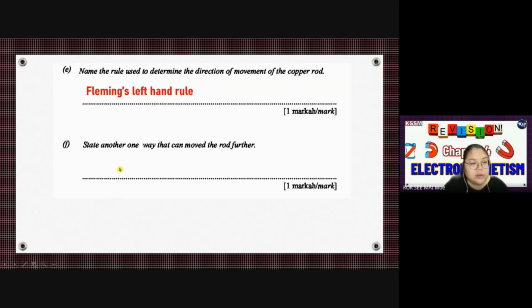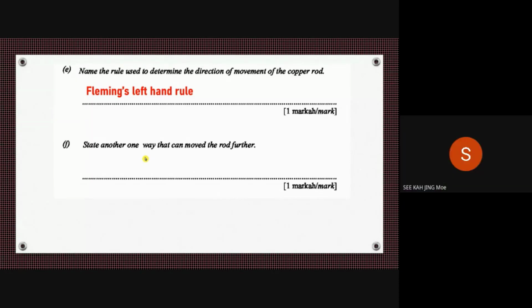Now we need to state another way that can move the rod further. How to make the rod go further? Any suggestion from here? Can you tell me what is another factor to make the rod go further? You refer to the diagram. Which one do you want to add to make it go further? Increase the number of batteries.